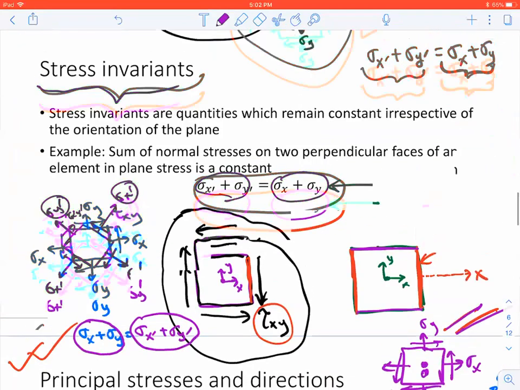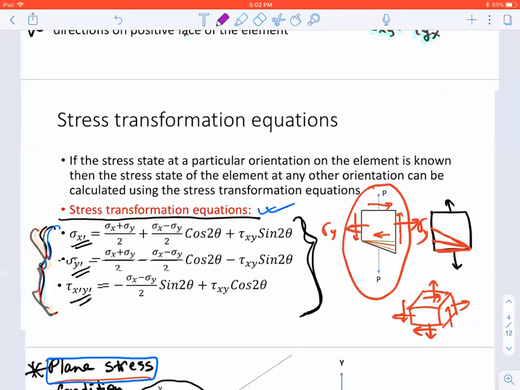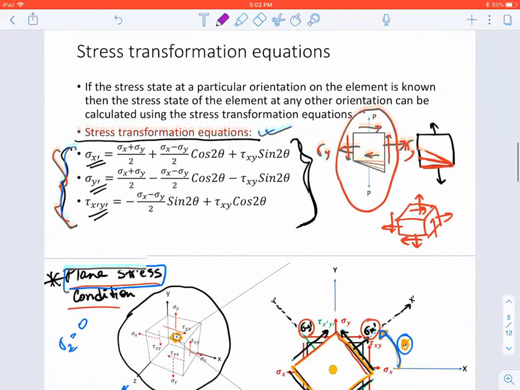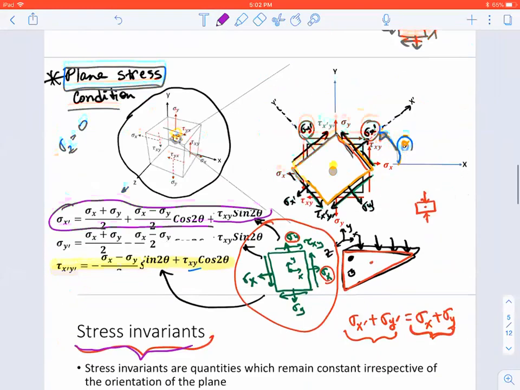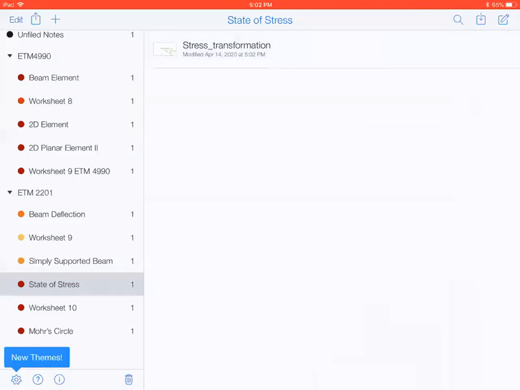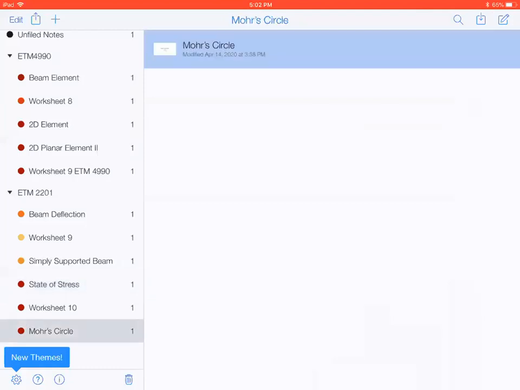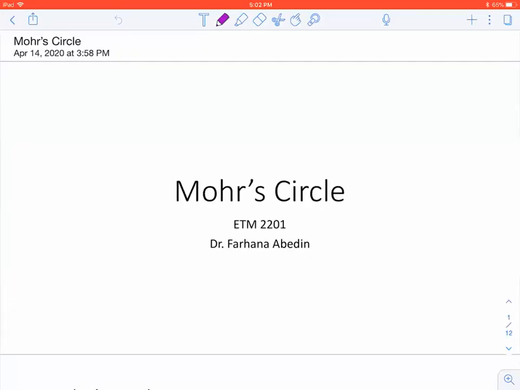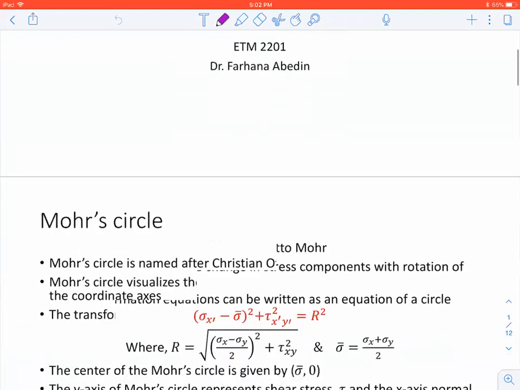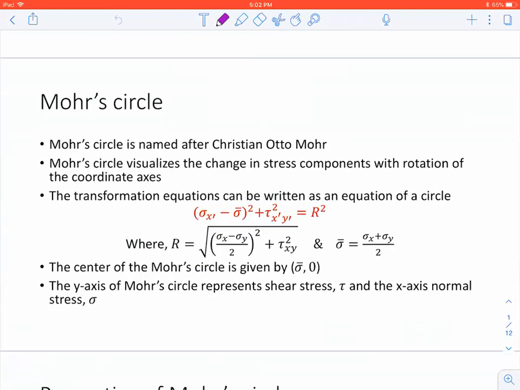Okay, there's another method of visualizing these stresses. So long time back, there's this German scientist, Otto Mohr, who actually visualized this stress transformation in terms of a circle.